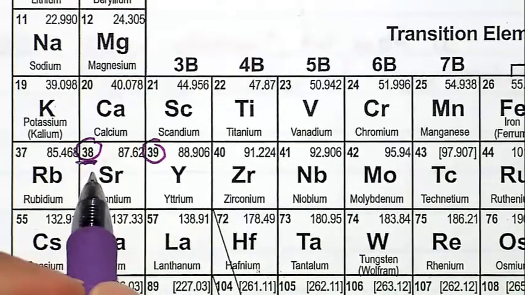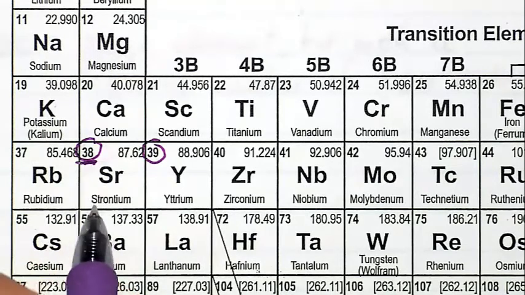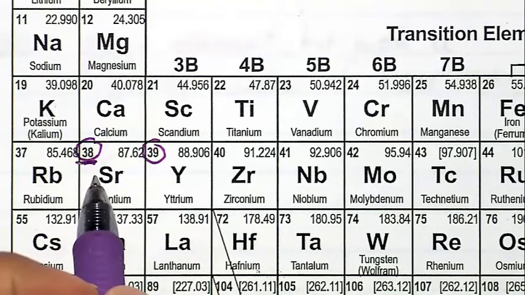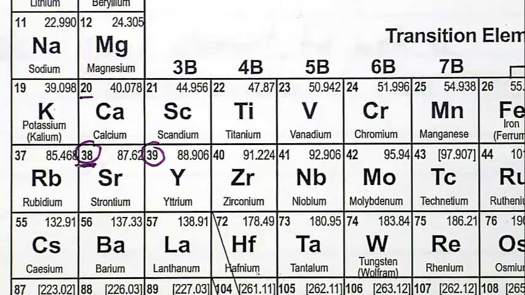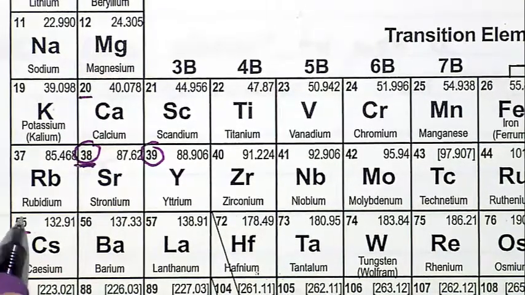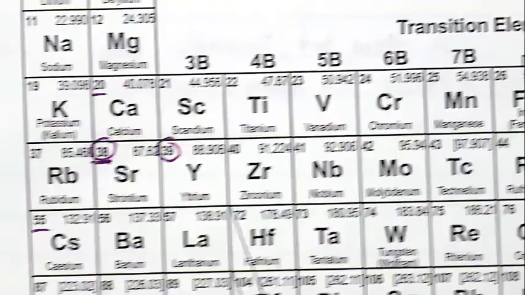So the number of protons in strontium is defined by 38, just like the number of protons in calcium is defined by 20, or the number of protons in cesium is defined by 55. So that's 38, which is the number of protons in strontium. The atomic number, or the number of protons, is invariant.